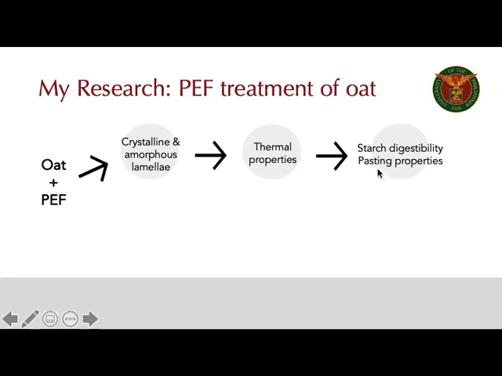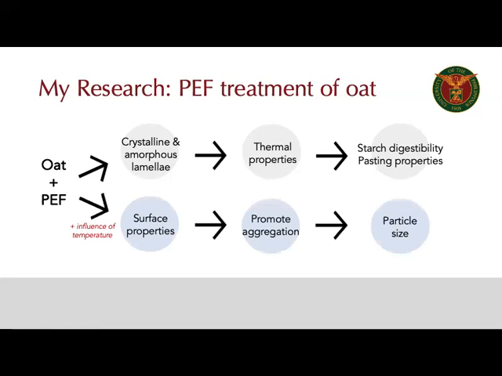On the other hand, pag naman elevated specific energy input along with the influence of temperature, merong changes doon sa surface properties of starch granules, and this promotes aggregation. And if this happens, nagkakaroon o naaapektuhan ang particle size ng sample being studied, okay?